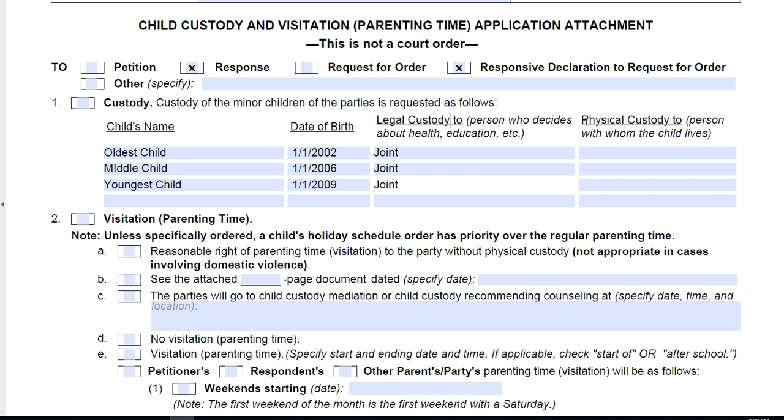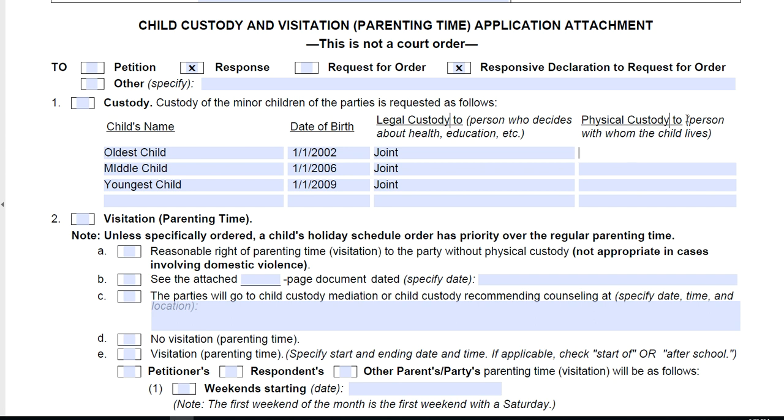Physical custody is where, with what parent, do the children live most of the time? So this will usually just be one parent. However, it could be joint if the child was going to live with each parent half the time.